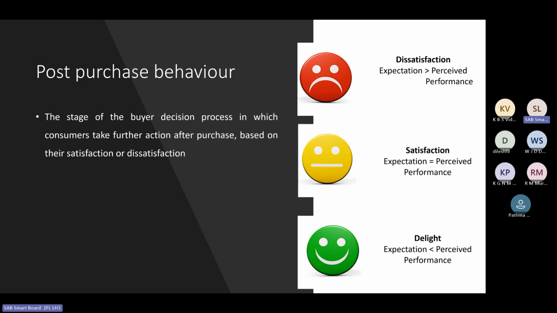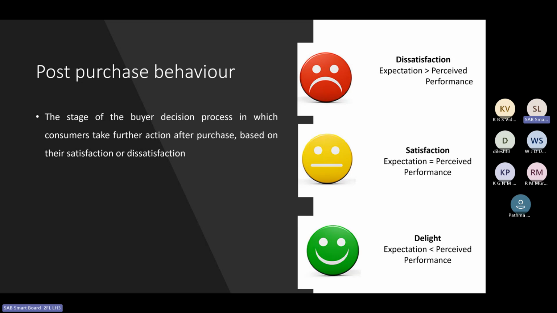But then finally, the post-purchase behavior, which no one discussed. How will we behave once we purchase it? It is the stage of the buyer decision process in which the consumer takes further action after purchase based on their satisfaction or dissatisfaction. I hope you remember we discussed these things.